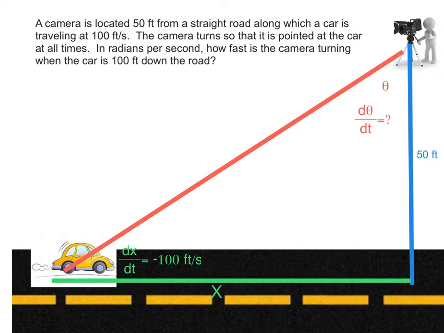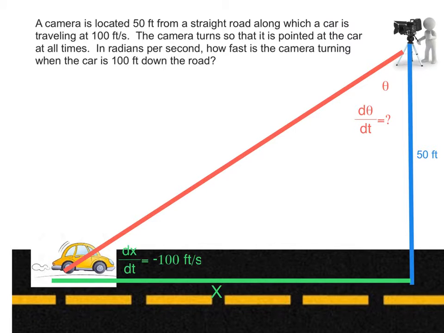All right, so now we know dx/dt, and we want to know dθ/dt. So dθ/dt is what we want to know, dx/dt is what we do know. We need an equation that relates them. So we look at our picture, and the thing that comes to mind is that the only thing we know when we deal with angles are trig functions.